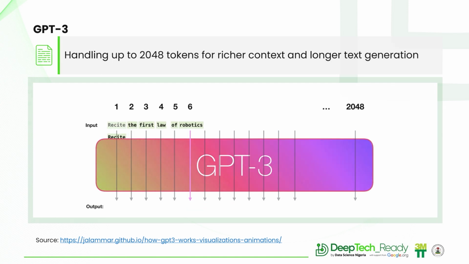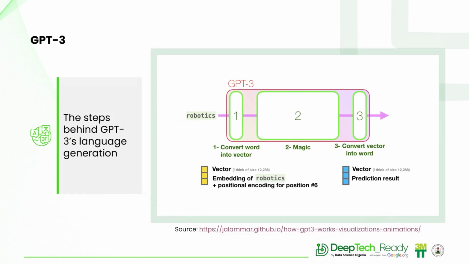Now, the first step in predicting the next token involves embedding, where GPT-3 converts the input text into a vector representation. In addition, position encoding is added to this vector to indicate the position of each token in the sequence. In the second step, the model performs prediction calculations based on this vector input.